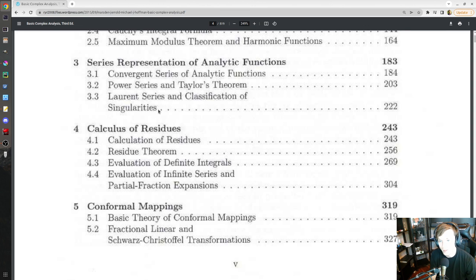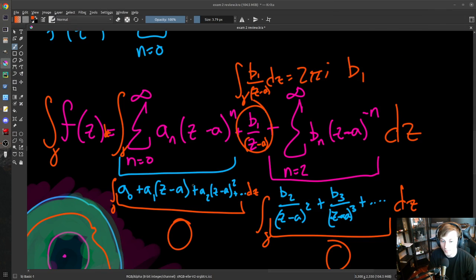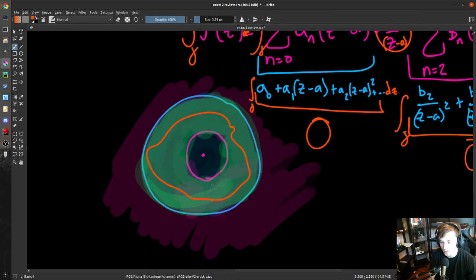For one, when we were classifying singularities, and what I'm doing here when I'm talking about these representations, notice this is only for nice enough functions. There were certain functions where we didn't have nice things, and that can happen. In particular, it was not necessarily easy to calculate certain Laurent expansions.